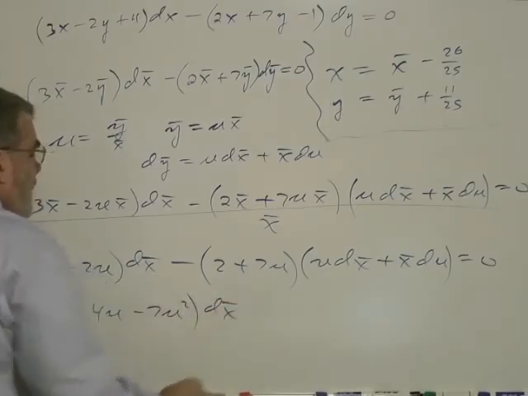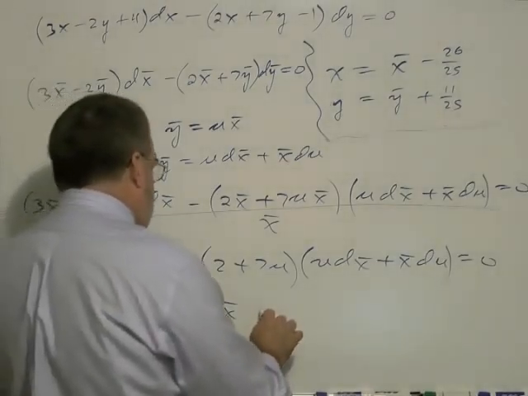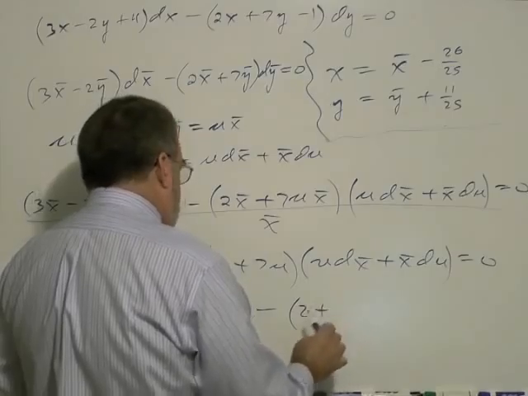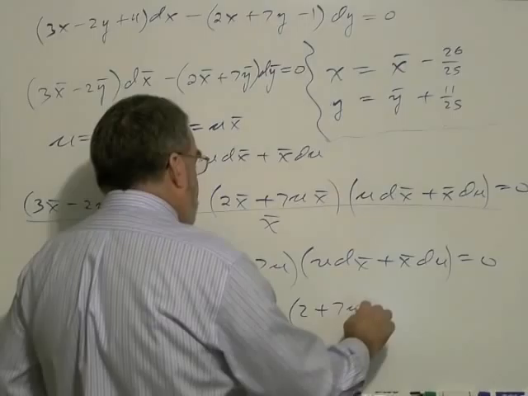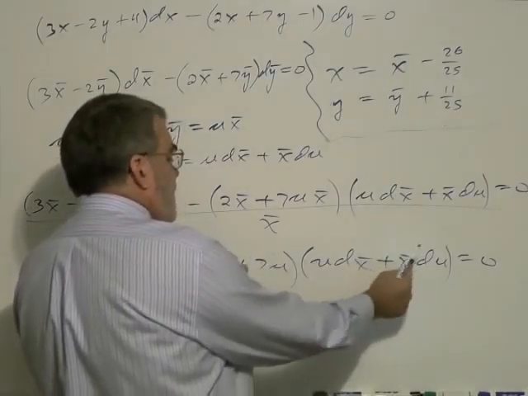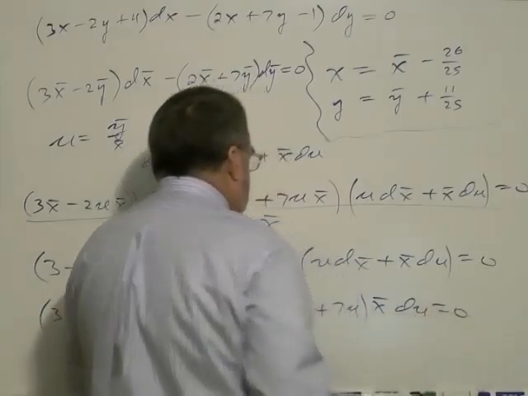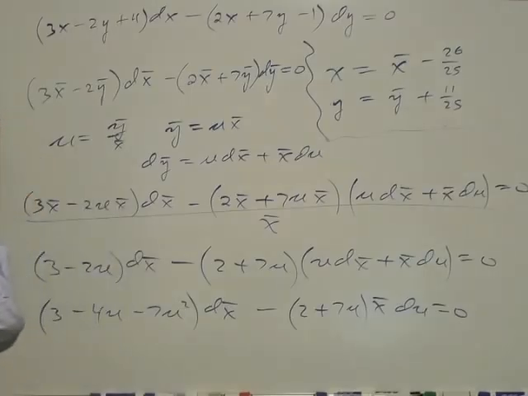And that's the dx bar terms. As far as the du terms, we have minus 2 plus, oops, sorry, 2 plus 7u, this part times x bar, which I'll keep factored out, du equal to 0. Alright, so hopefully that's all correct.